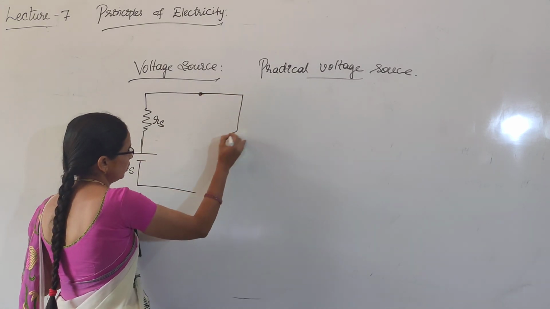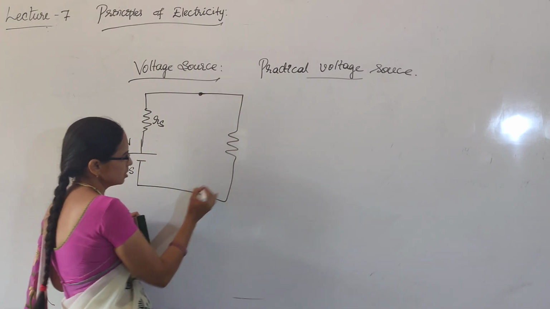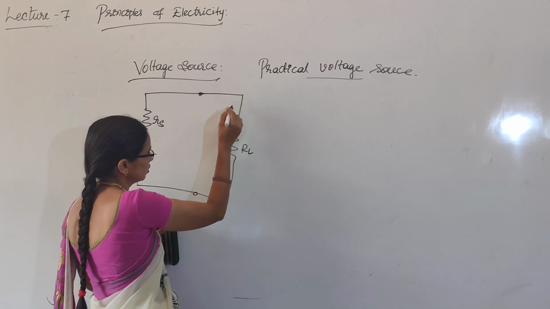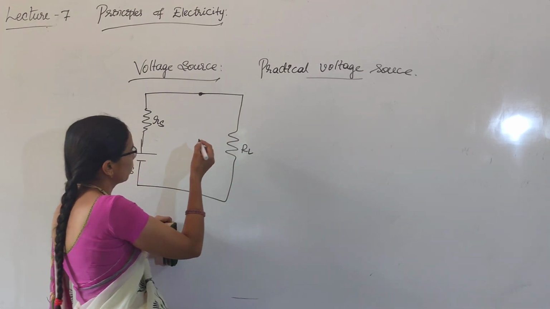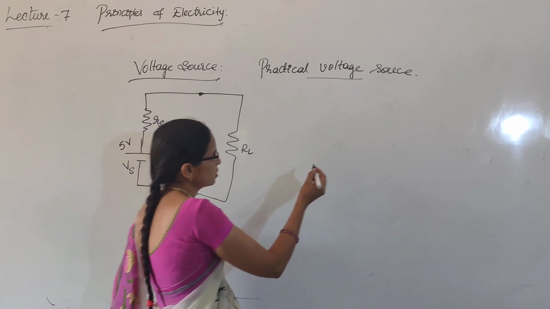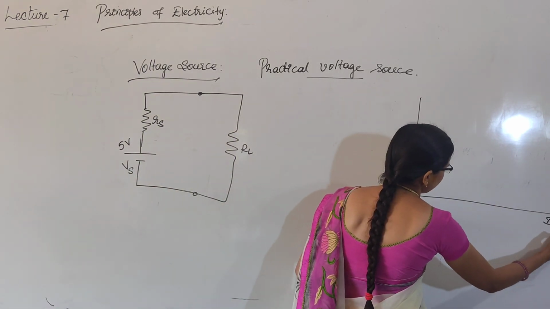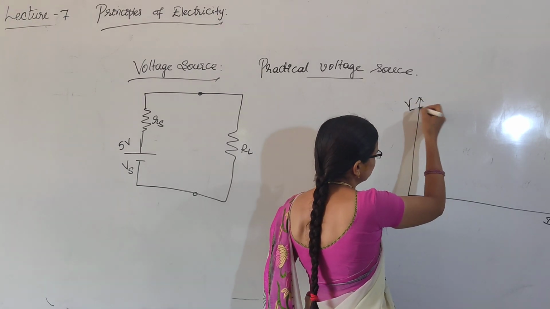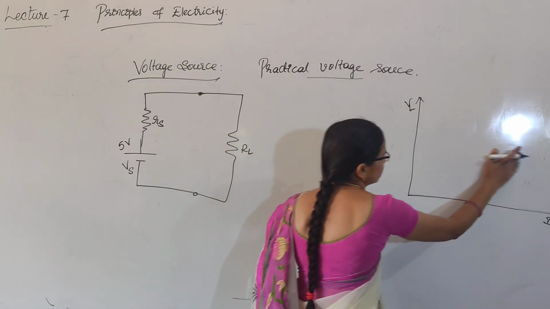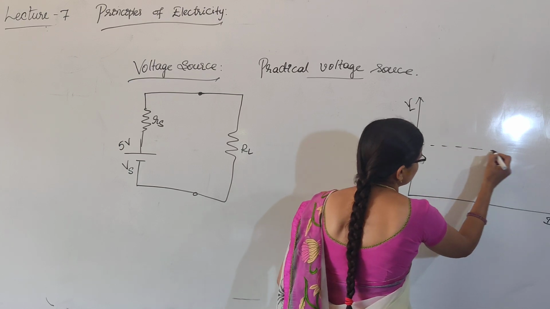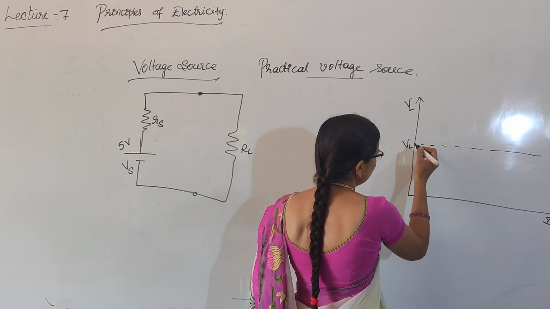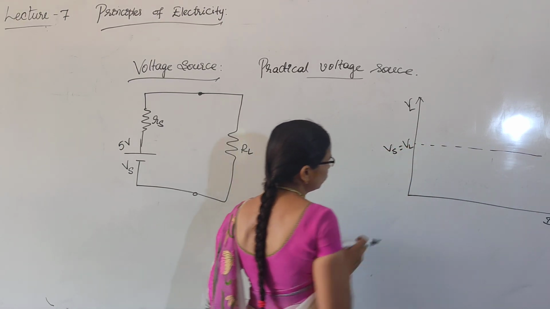If we connect that across a load resistor, here what happens, if I draw the current voltage characteristic, how will I get it? This should be the ideal, where Vs is equal to VL.